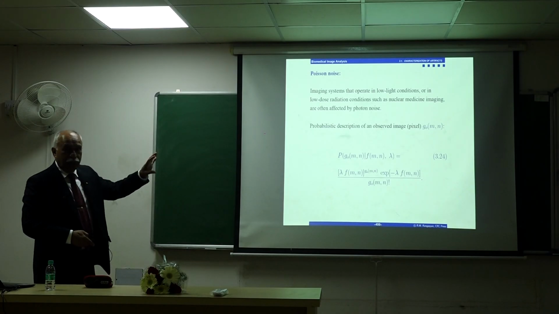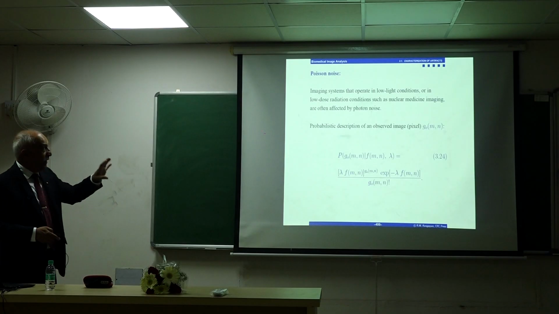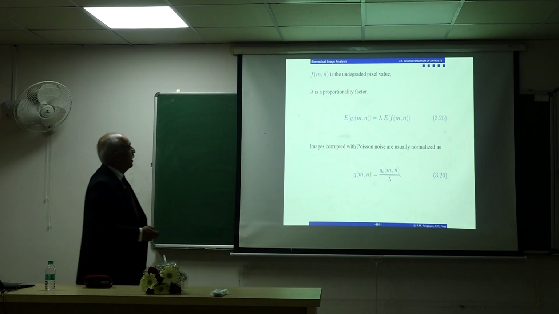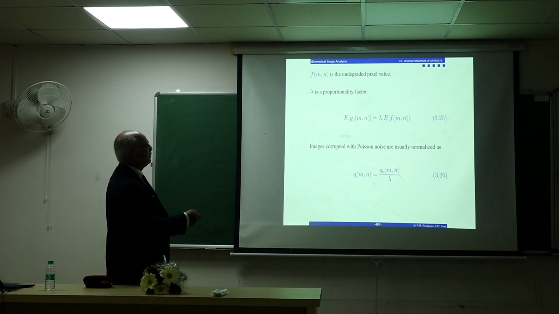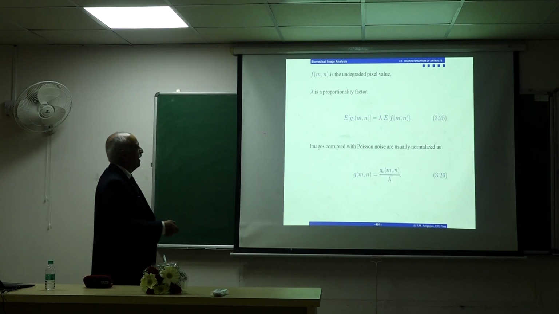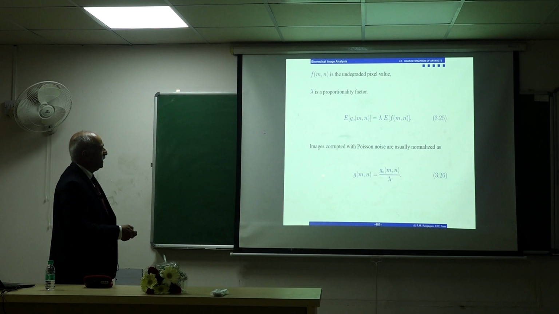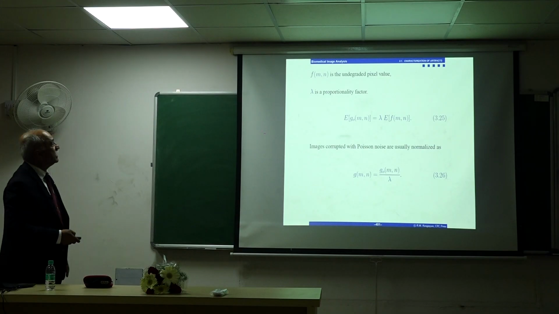So Poisson noise is one case where it is signal dependent. The expectation of g0(m,n) turns out to be lambda times the expectation of f(m,n). And normalization is done this way: g(m,n) is g0 over lambda. That facilitates some analysis.